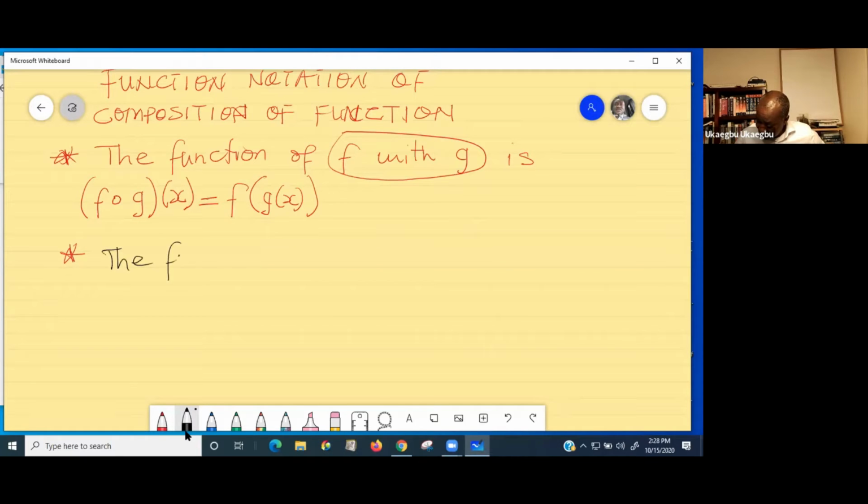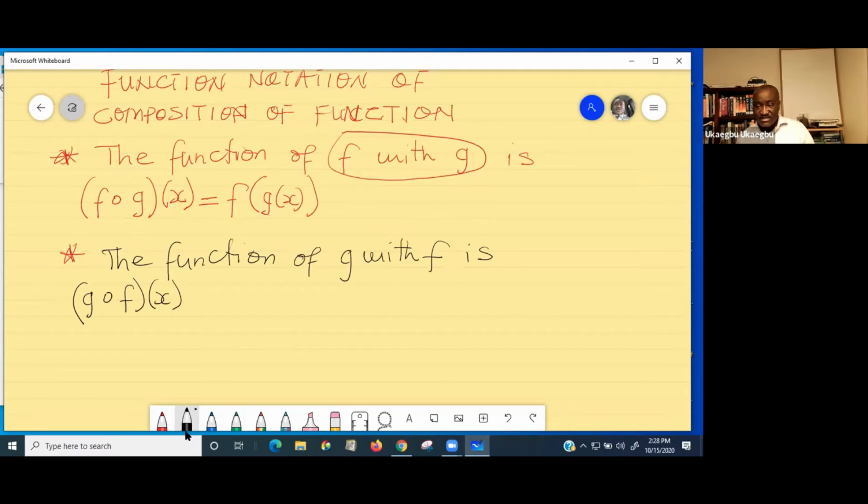Here's another important one. The function of g with f is, you open a big parenthesis, g with small o, f, and then x.